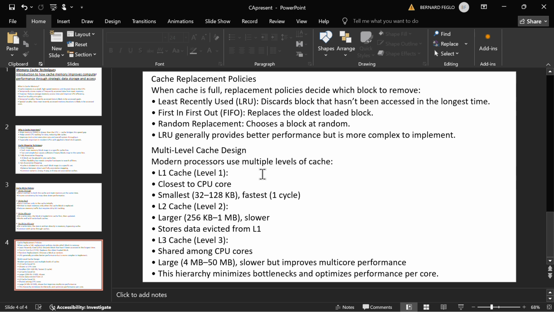And then the write policies and replacement policies affect performance and consistency. And multi-level caches are now standard in most CPUs for performance optimization. So this is the basic knowledge everyone should know about cache memory and cache memory techniques.